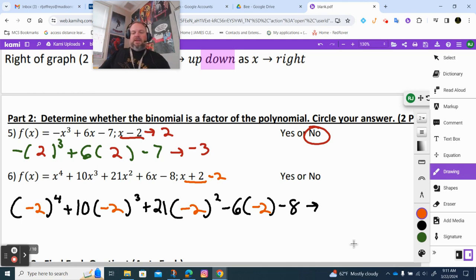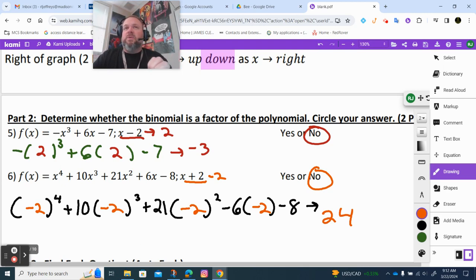All right. When you type it all into the calculator, you get 24. Is 24 0? No. Remember, all we're doing is taking the opposite of what's in the binomial. Remember, binomial, 2 terms, plugging it in everywhere we see x. And if it's 0, we circle yes.